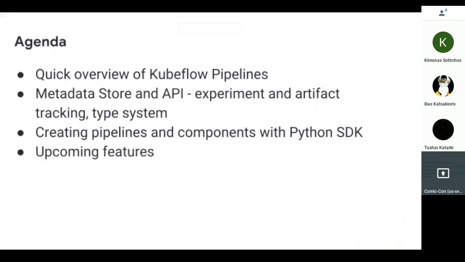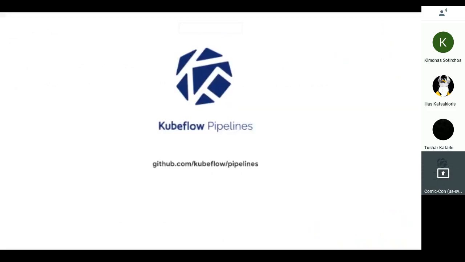So I'll go through a quick overview of the pipelines and the architecture of the project, and then I'll drill down into a bit more details on the metadata store and metadata APIs that we are introducing into the system, and then I'll talk about the authoring experience, how to build your own pipelines, your own components. What are all the ways that exist to do it right now, and then we'll give some overview of the upcoming features as well.